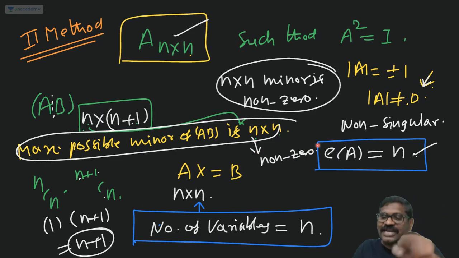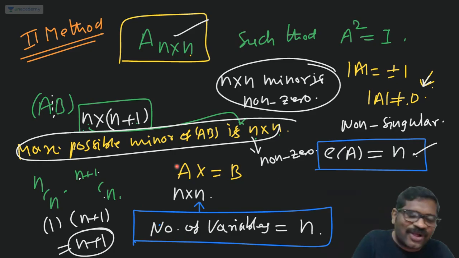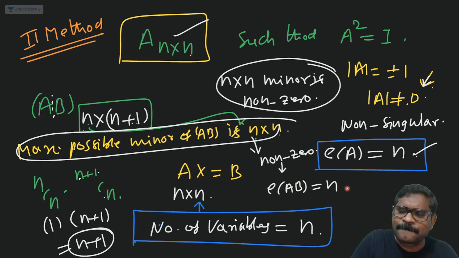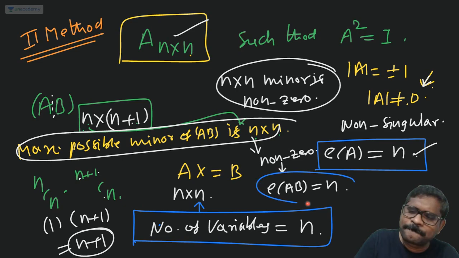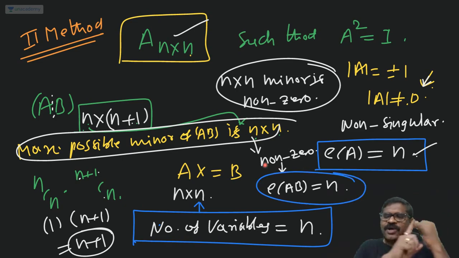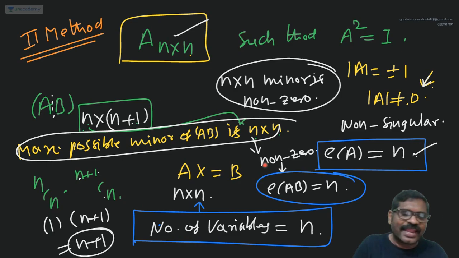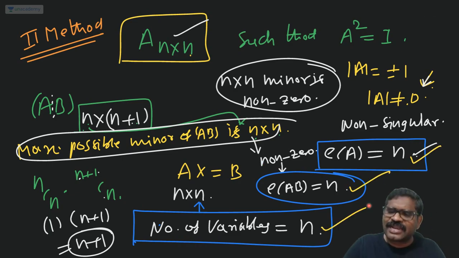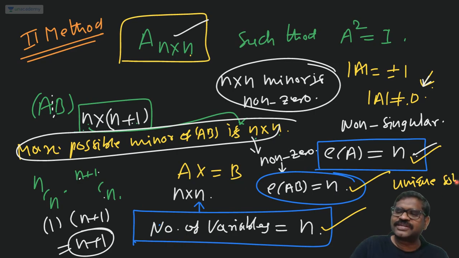If that is non-zero, rank of AB equals n. Rank of A is n, rank of AB is n, number of variables is n. All are equal. If all are equal, then the system possesses a unique solution.